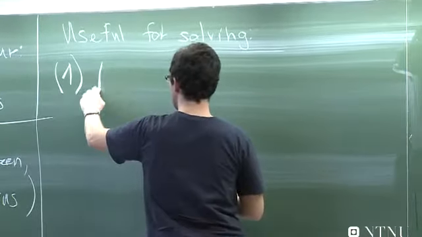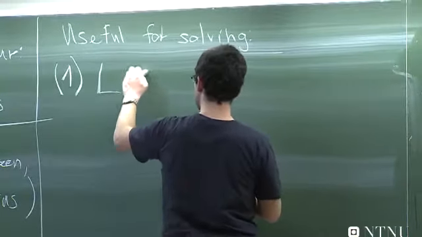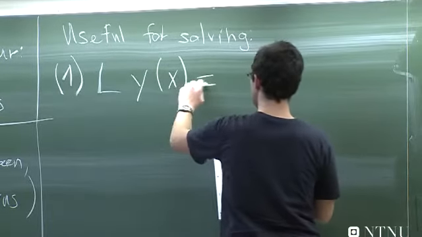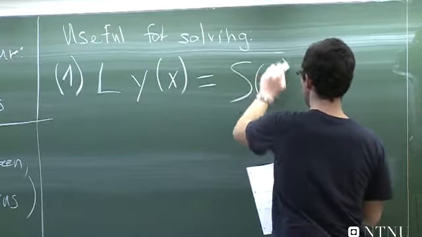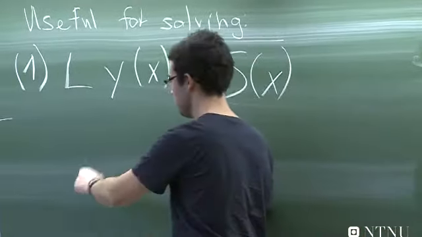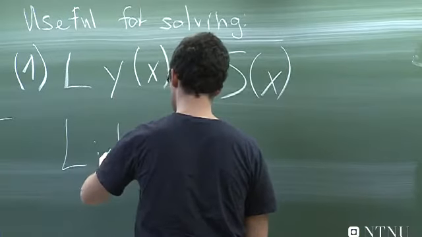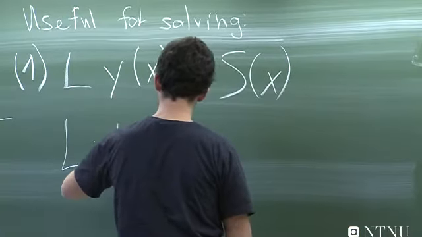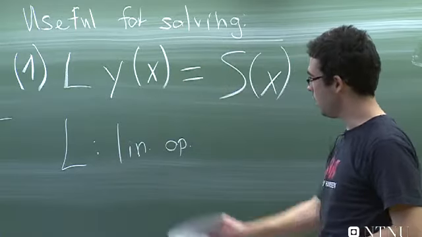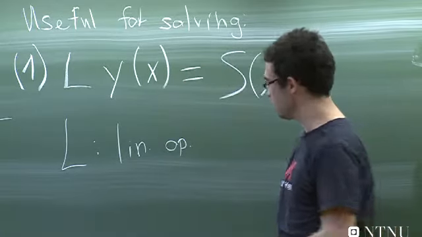Some linear operator L on some function y of x is equal to some source term. So it's a linear operator here. And y of x is our unknown function.